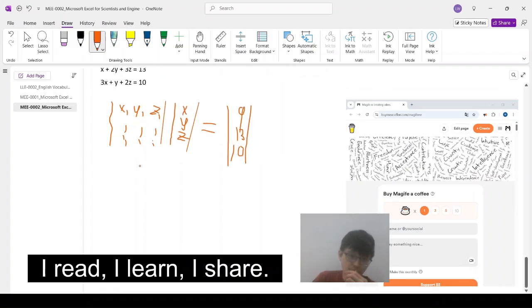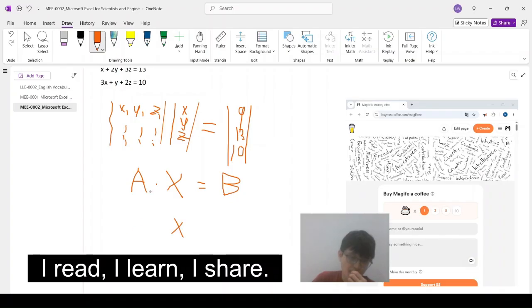So we simplify it. This part we call A, and this part we call X. A times X equals B. We want to find out X, which consists of three values in matrix form: x, y, z.